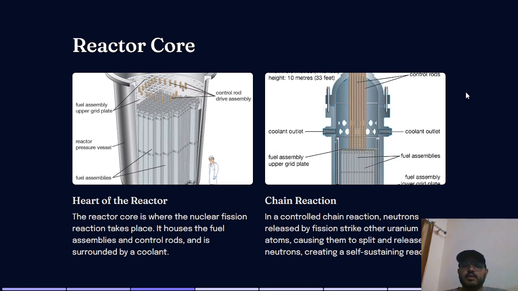It is a controlled chain reaction. The fission strikes other uranium atoms, causing them to split and release a large amount of energy, creating a sustained reaction.